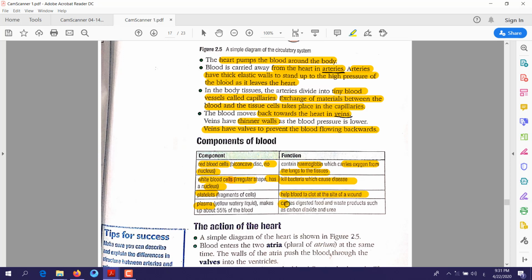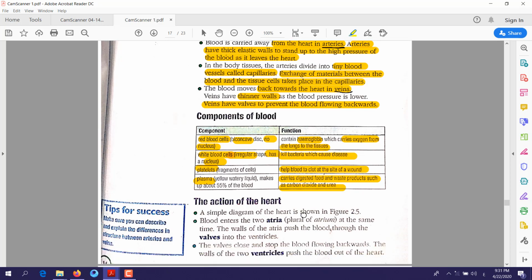The function of it is that it carries digested food and waste products such as carbon dioxide and urea. These were the components of the blood with the function of each component. You need to be able to memorize all of these components with their functions.